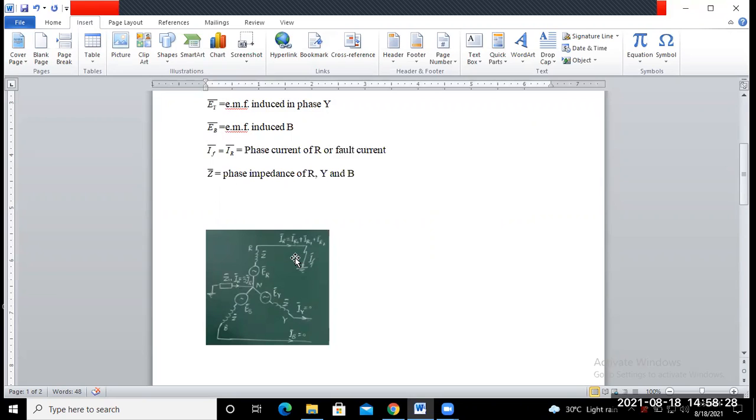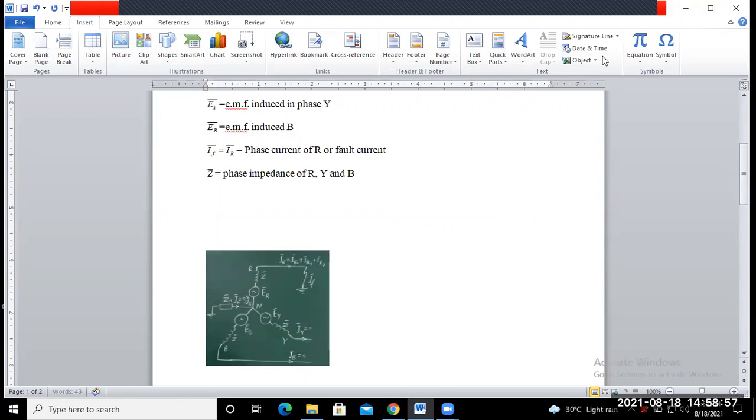Before that, this phase voltage is represented by VR, this one is VY, the phase voltage with respect to neutral, and this one is VB, the phase voltage with respect to neutral. And IR, IY, and IB are the phase currents of R, Y and B respectively.